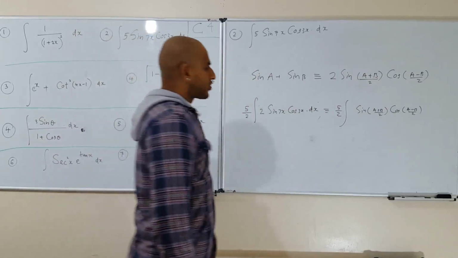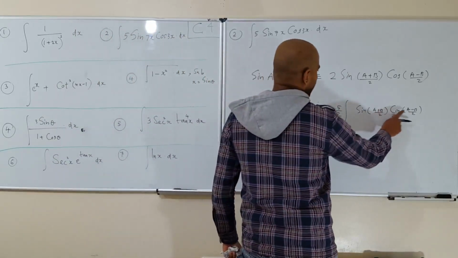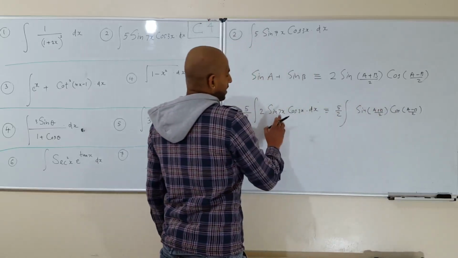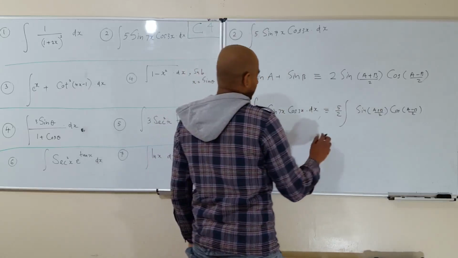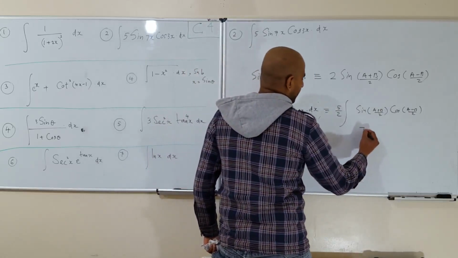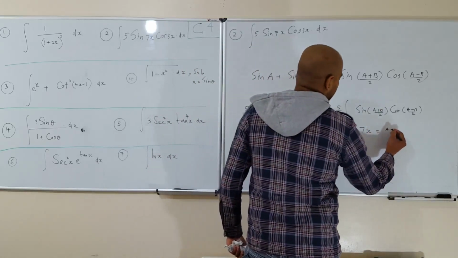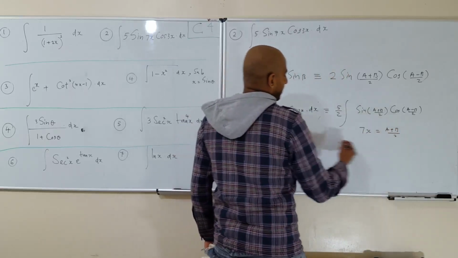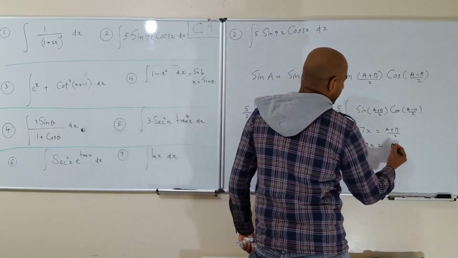Okay. So what we're going to do now is find the A and B values. To do that, we can see A plus B divided by 2 should be equal to 7x, isn't it? So 7x equals A plus B over 2. In a similar fashion, 3x equals A minus B over 2.